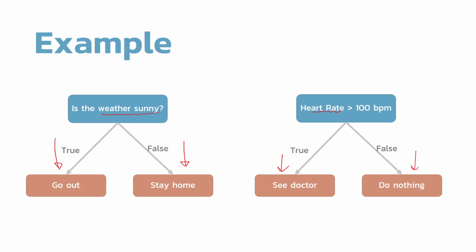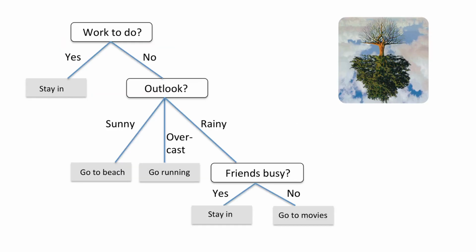But in a more complex classification, you might want to have a series of questions. So maybe you ask the first question and split your sample into two bins, one here and one here.